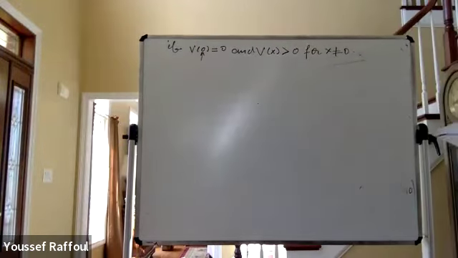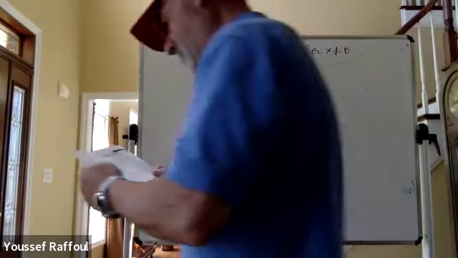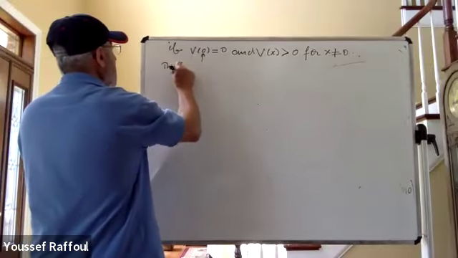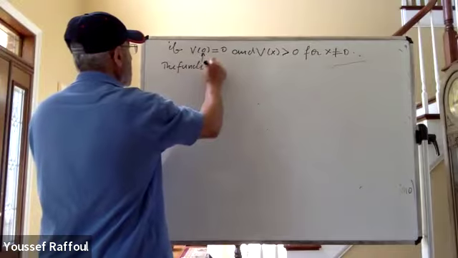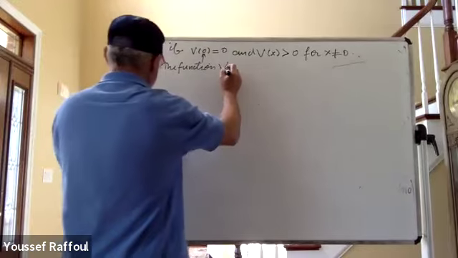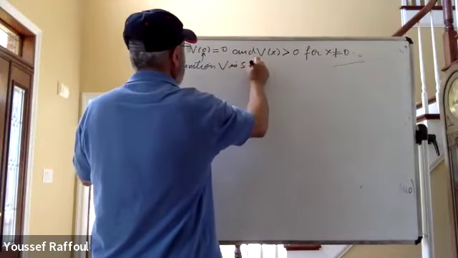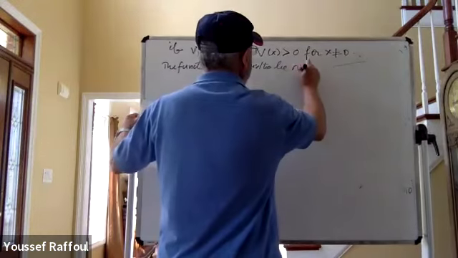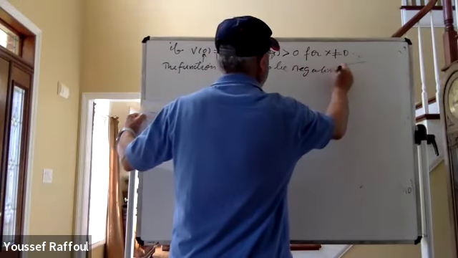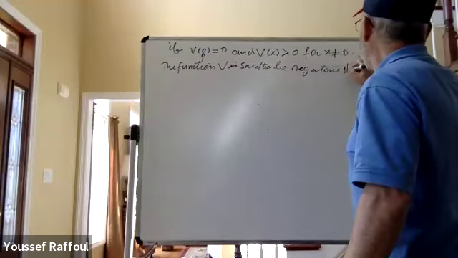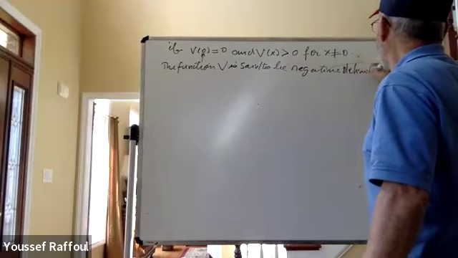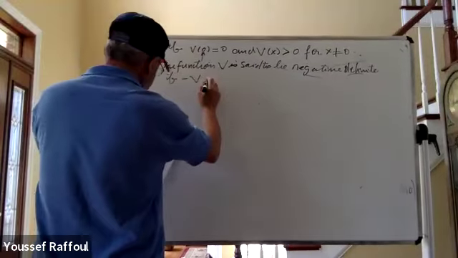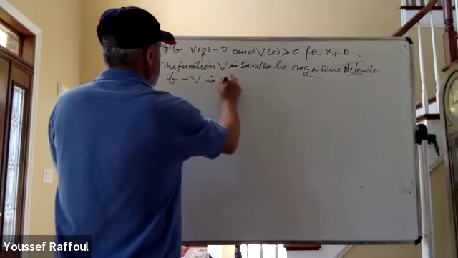All right. Another definition. Now, the function V is said to be negative definite if minus V is positive definite.